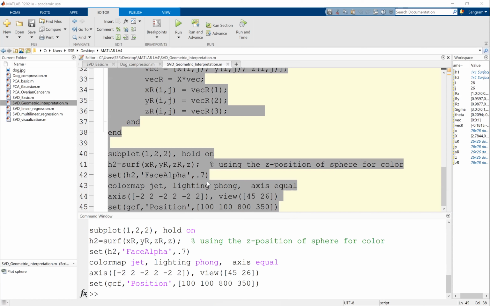Think about a data set in 3 dimensions. SVD will squash the sphere and elongate it along the principal dimensions.